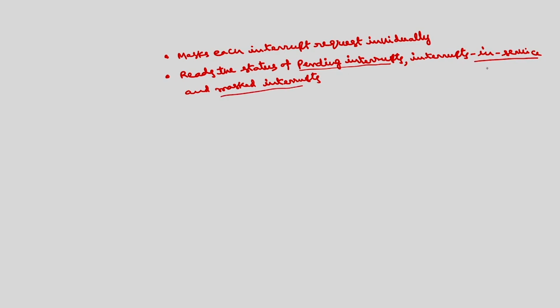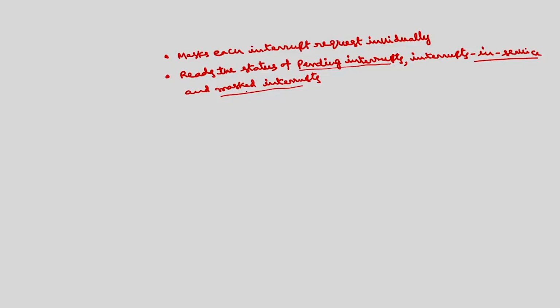The in service interrupt is obvious from the definition itself, the interrupt which is being currently serviced, and there are some pending interrupts, there are some masked interrupts. Pending interrupts will be in the queue. So, after the in service interrupt process is over, it will take the pending interrupts.